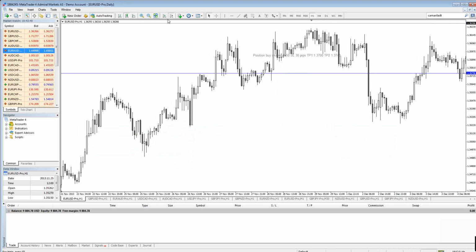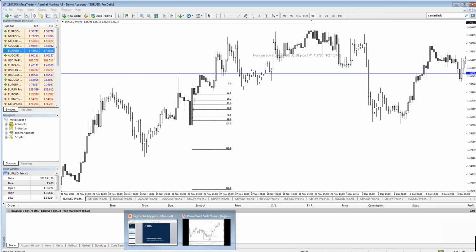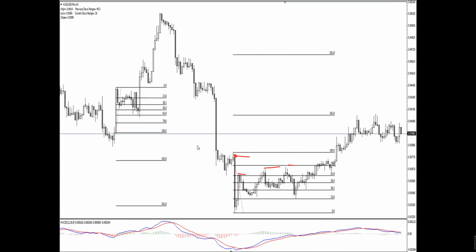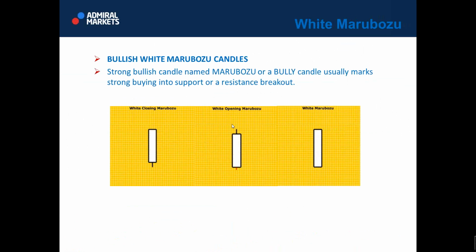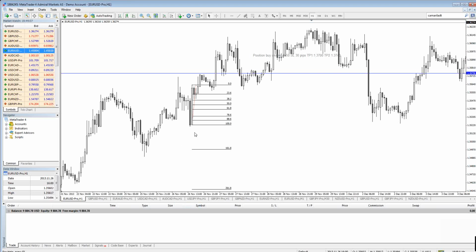And this is a good example. This is a high volatility candlestick, Marubozu. If you don't know which one that is, just refer to the webinar. White opening Marubozu. Is there more than 25 pips in it, high to low? Indeed. But look where the price went, to 38.2.